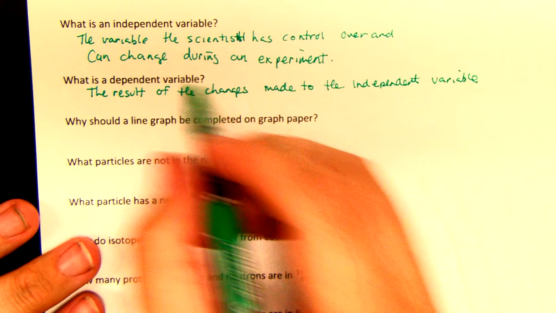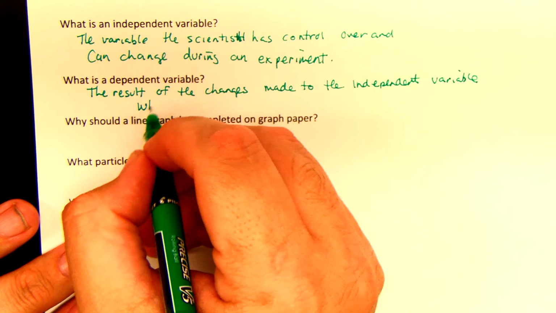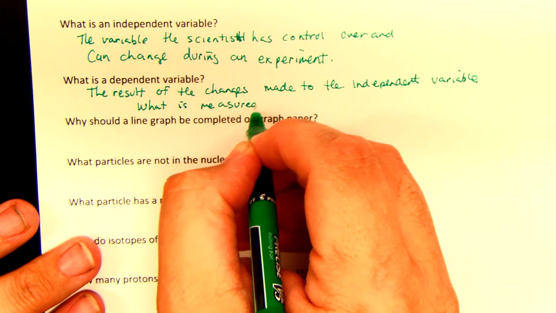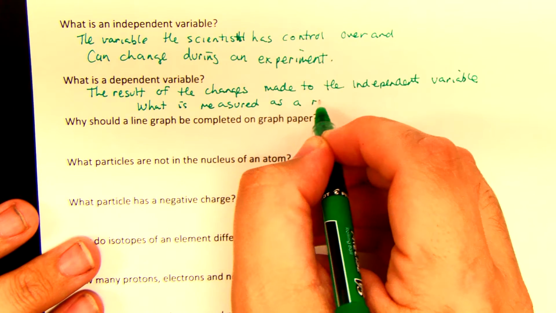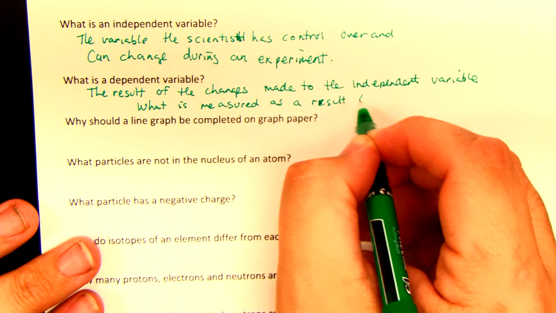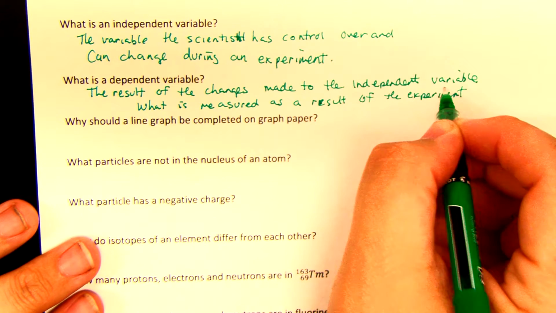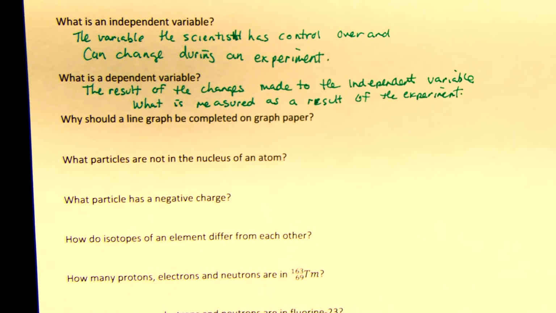So that's what's measured as a result, basically, of the experiment. So in our really basic explanation, if I add 5 milliliters and I see no change, I would say 5 milliliters, no change.